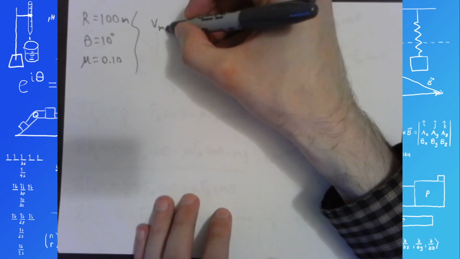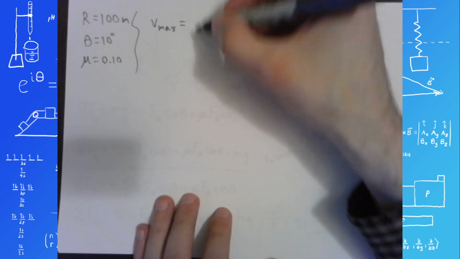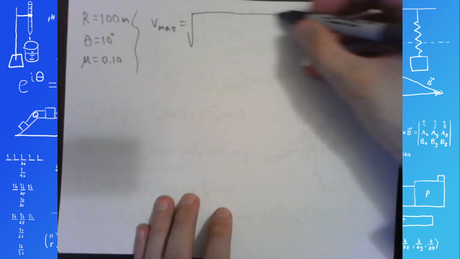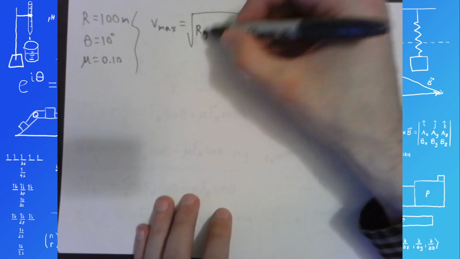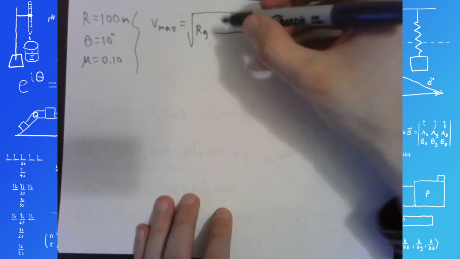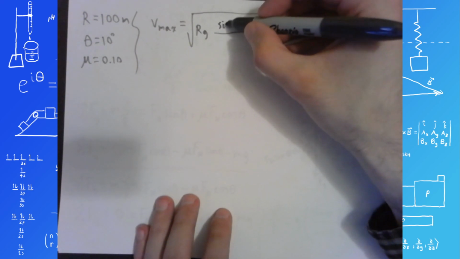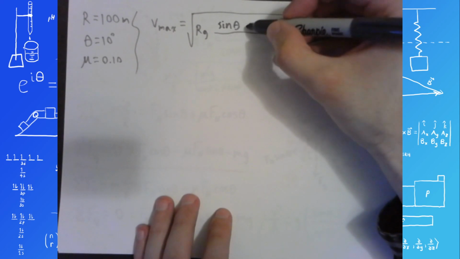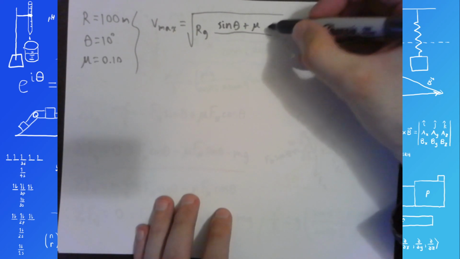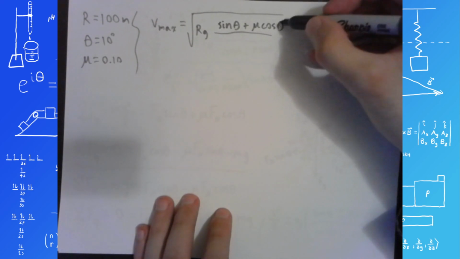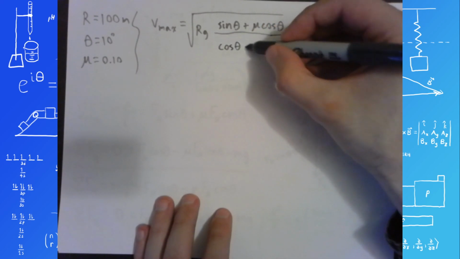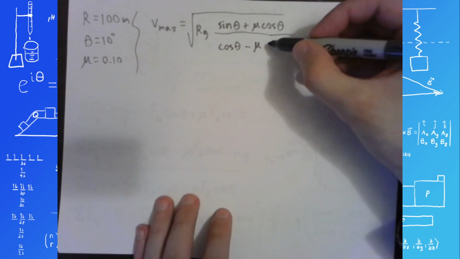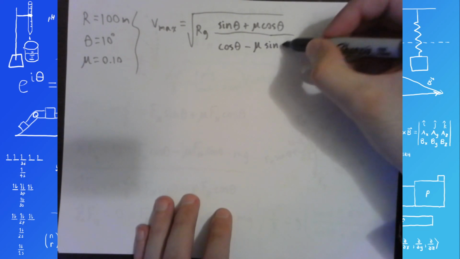So V max equals the square root of RG times sine theta plus mu cosine theta over cosine theta minus mu sine theta.